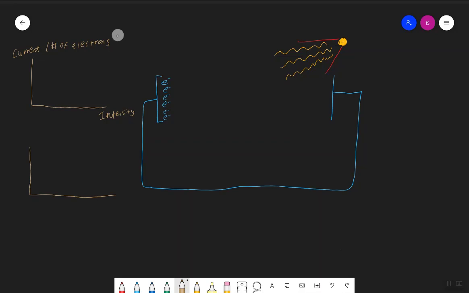The number of electrons in the wire. Right, and it does have to do with the speed that the electrons are going, but we're going to say at a constant frequency, or so at a constant speed of the electron, at a constant average speed, the current is proportional to the number of electrons in the wire, which should hopefully make sense.